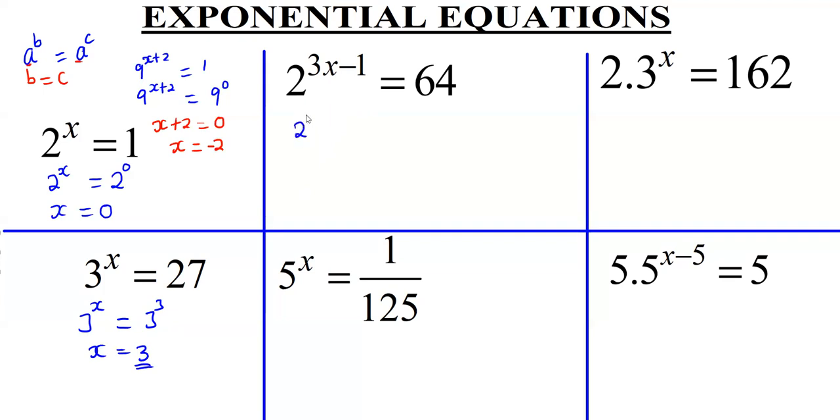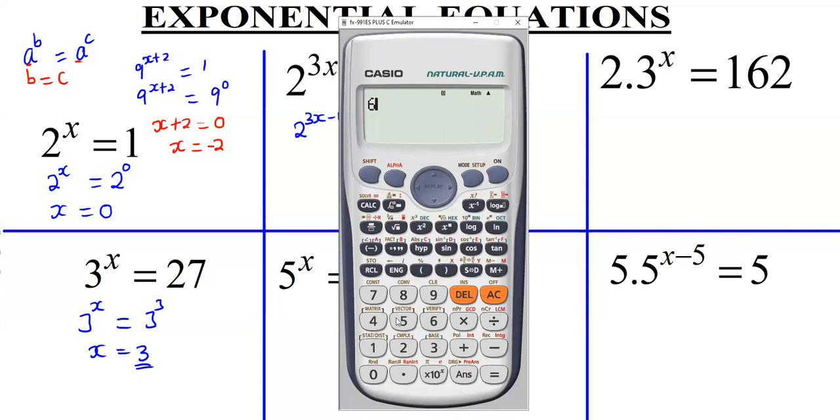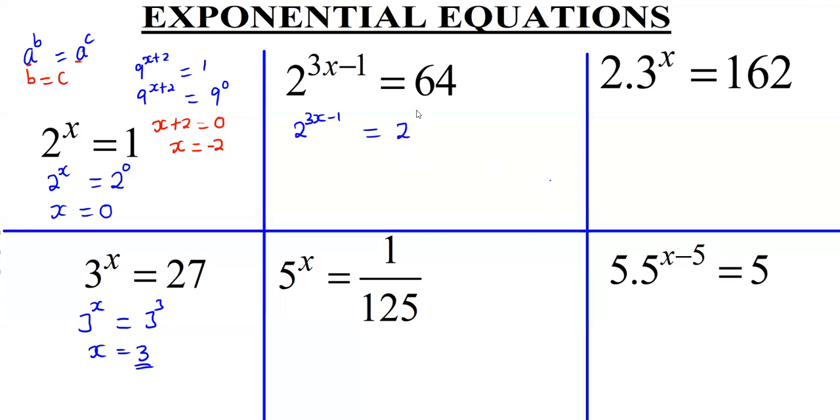What about here? We're having 2 to the power of 3x minus 1, but we have 64 here. How are we going to deal with this? We need to do the same thing. 64 is equal to 2 to the power of 6. Can you see that? So we take the whole exponent, 3x minus 1, equal to 6, because the bases are the same.